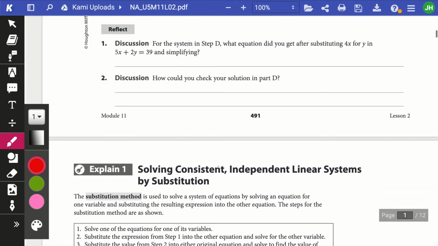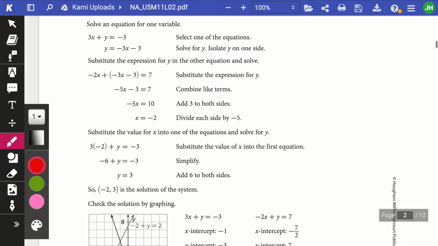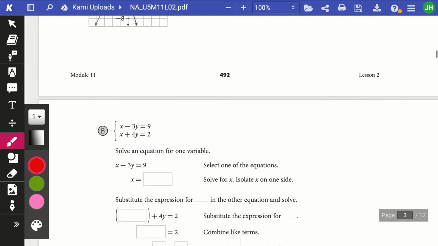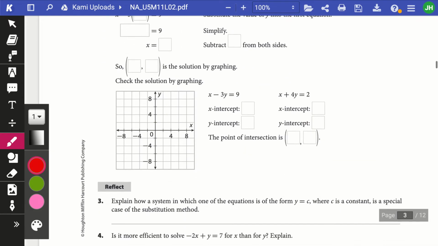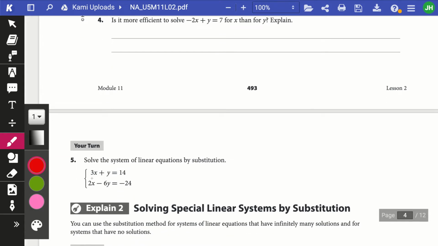Let's look at a harder problem, a little more challenging. I'm going to skip the example here because you could always do that, and I will go through one of the do-it-yourself problems. Your turn. So here we have 3x plus y equals 14.